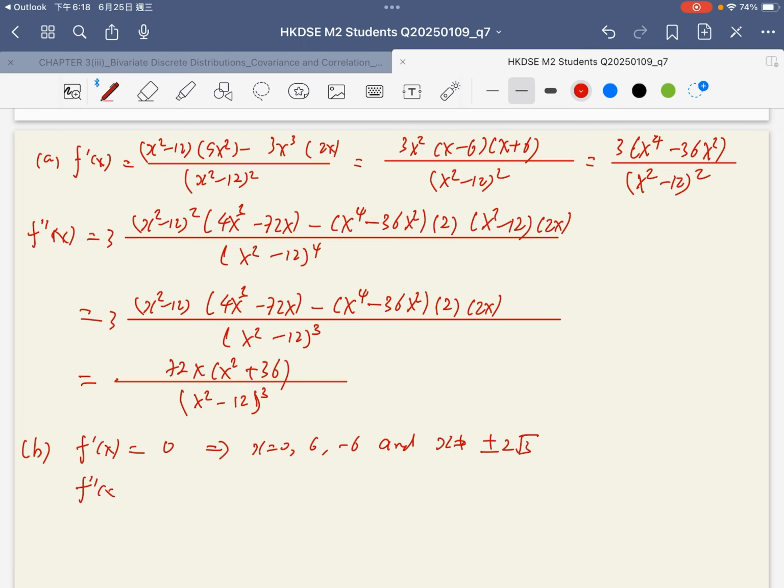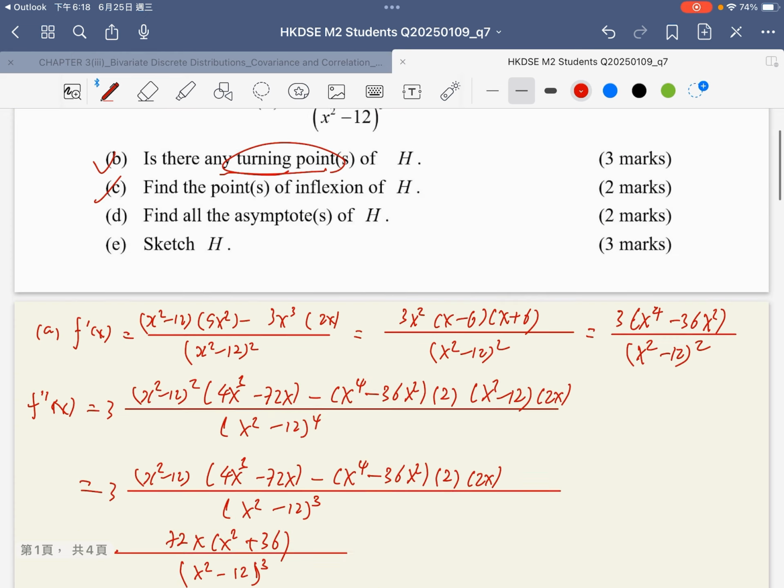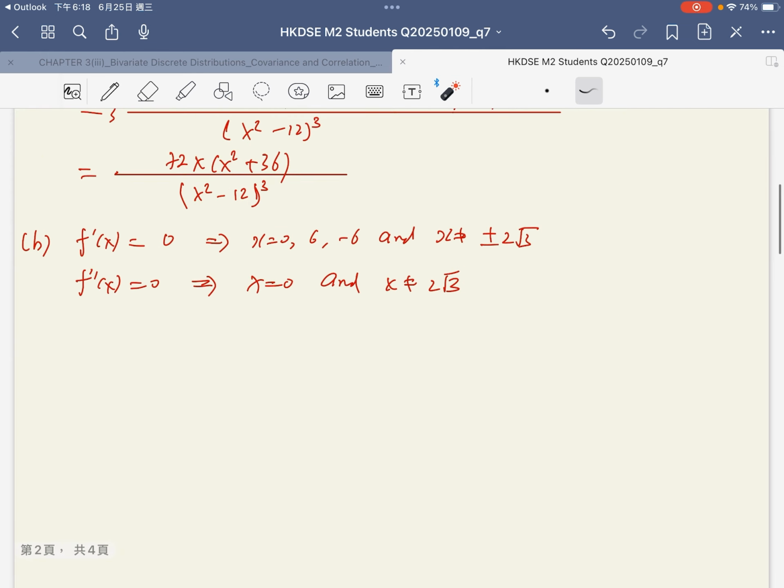When I set the second derivative equal to 0, we have x equal to 0 and x is not equal to plus or minus 2 times root 3. Although the question only asks in part B for the turning points and in part C for the point of inflection, I think it is better to combine them in one table for easy sketching.